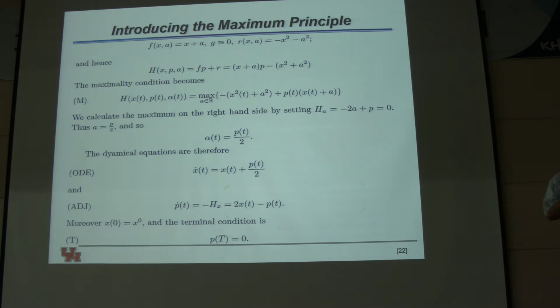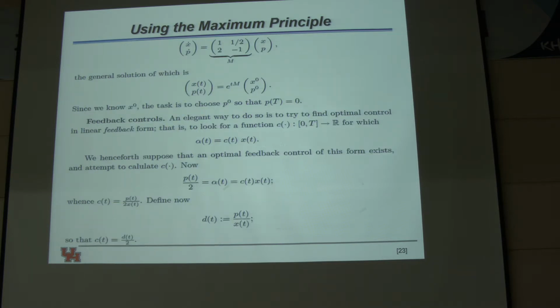That is not important, you can see my slide later. But here, using the maximum principle, we want to find a control alpha equal to the current state times a function of t, c. So the question is, what is the c?